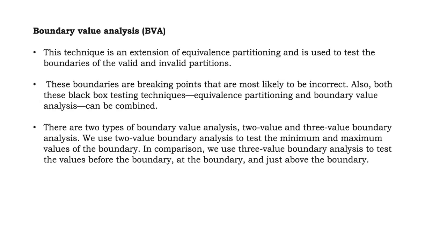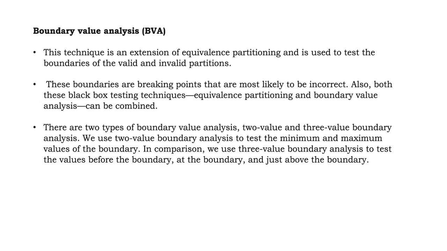For the age example, for example, there is a text box which accepts the range of age from 1 to 100. Okay, in here, whatever is the boundary, for example, 0 is the boundary, which is invalid, and then 1 is exactly at the boundary, and more than 1, which is 5 or 6, is after the boundary.